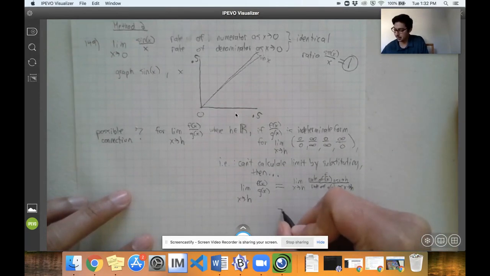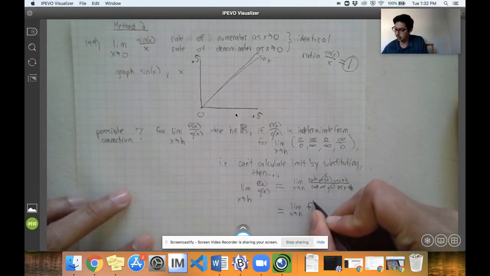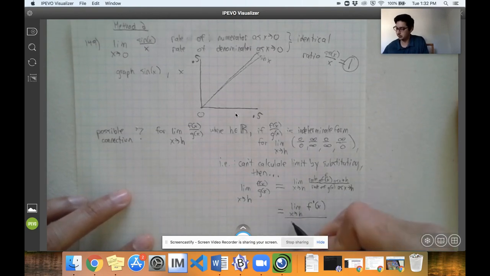That's the same thing as saying the limit as x approaches h of f prime of x. Remember that derivatives are your rate, over the limit as x approaches h of g prime of x.